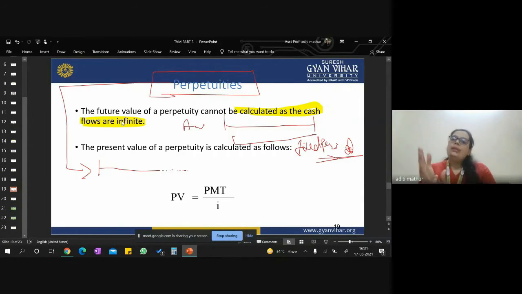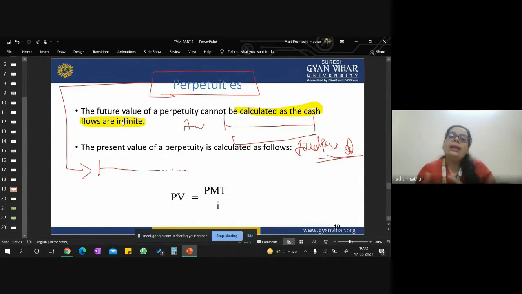And once you retire and attain that age, after that, equal installments of payments are received by you till you die. Till you die means you don't know the exact number of years when you have to close the timeline. So it keeps on going. These types of situations, these types of investment avenues, are known as perpetuity.